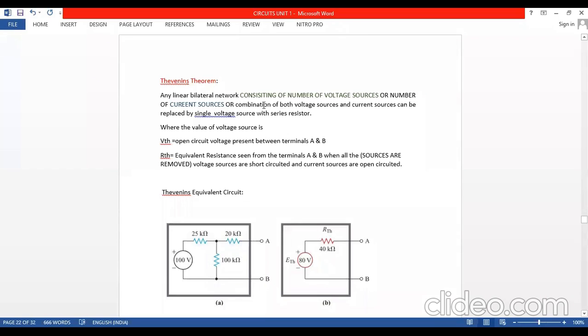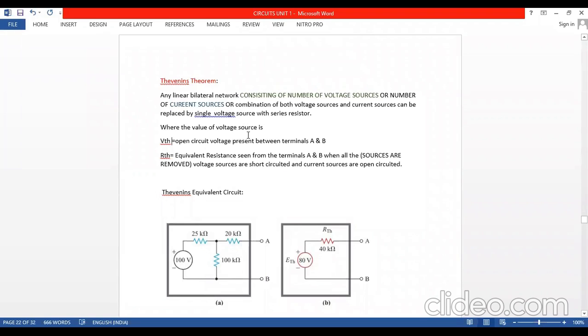This first line every student should be perfect. Thevenin's theorem: any linear bilateral network consisting of a number of voltage sources, or only current sources, or a combination of both, can be replaced by a single voltage source with a series resistor. We will replace it, but you must give the value of that voltage source.